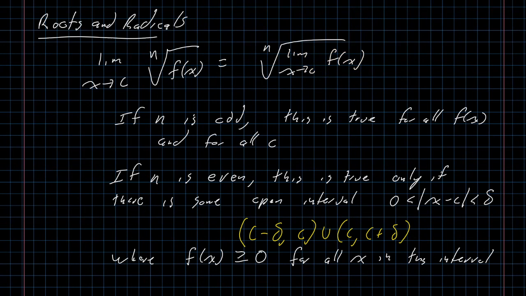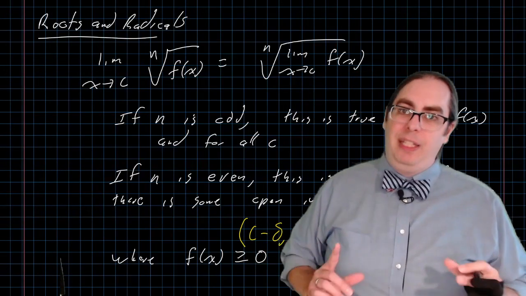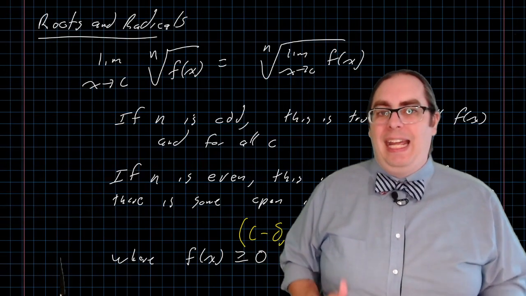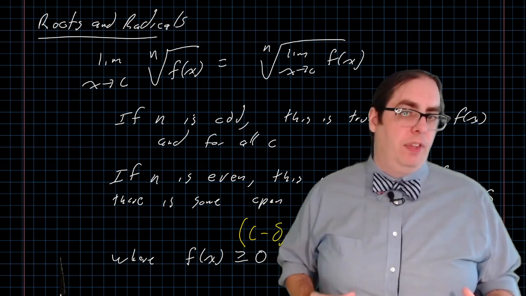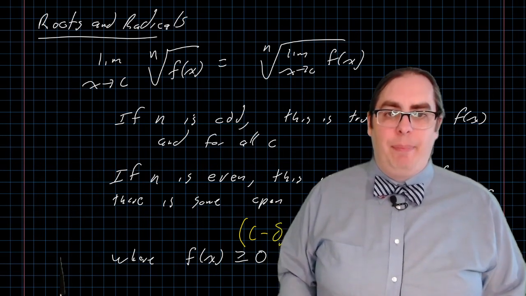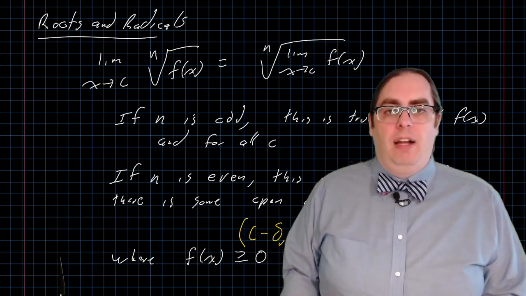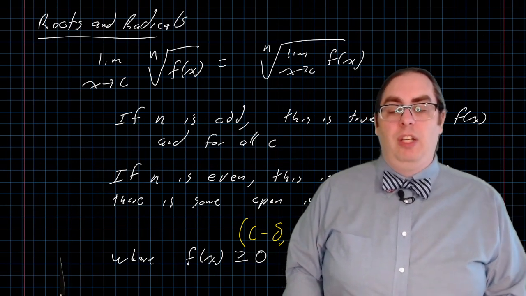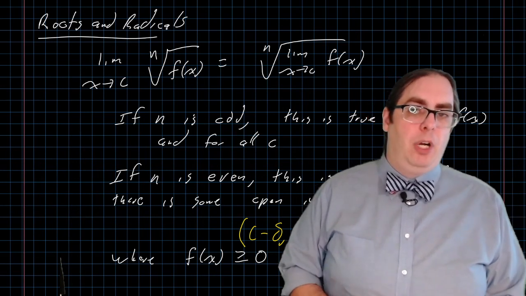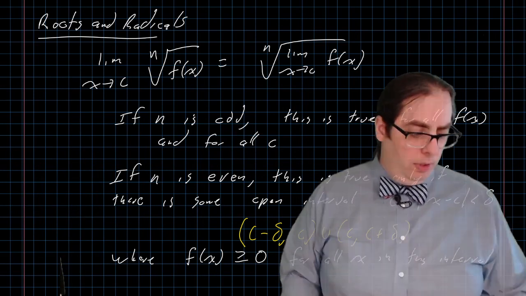The interval does not have to be big. The interval can be incredibly tiny, but it has to exist. There has to be some fuzziness to the left and right of the c where this happens. If you happen to have picked a function f of x where the function is equal to 0 and it's negative to the left, positive to the right, you're never going to be able to find this interval.